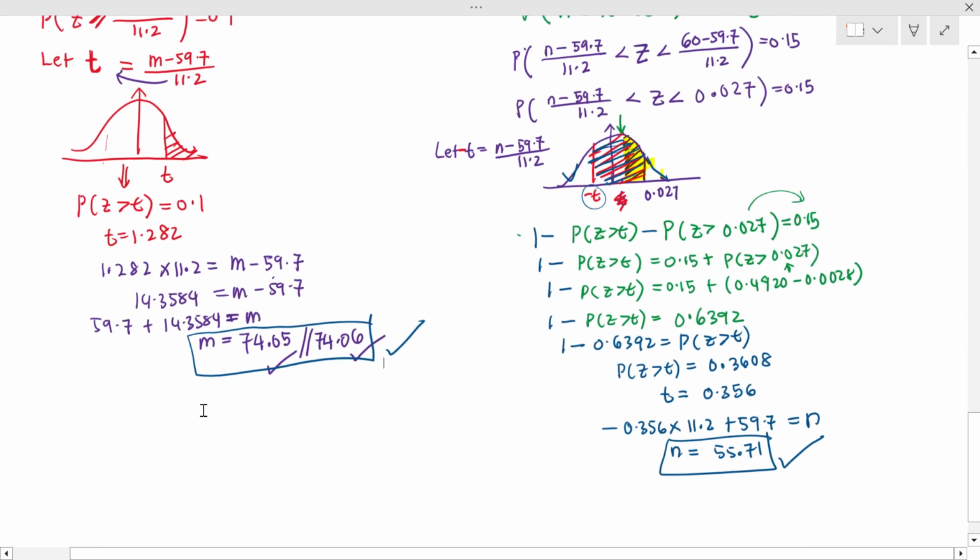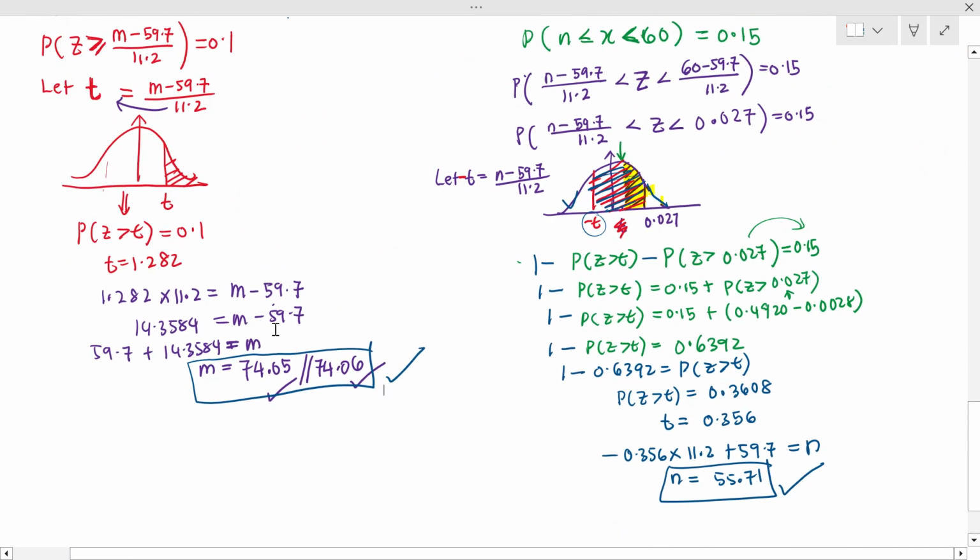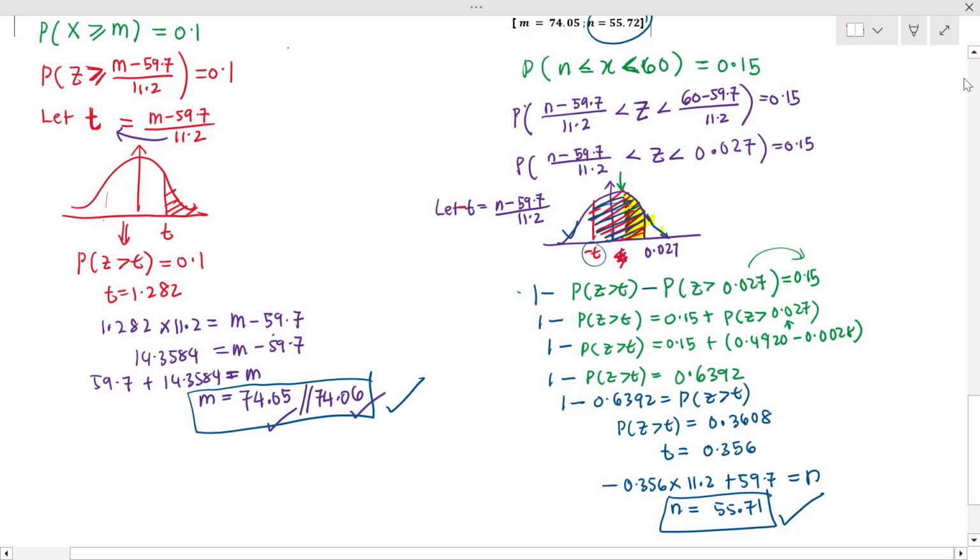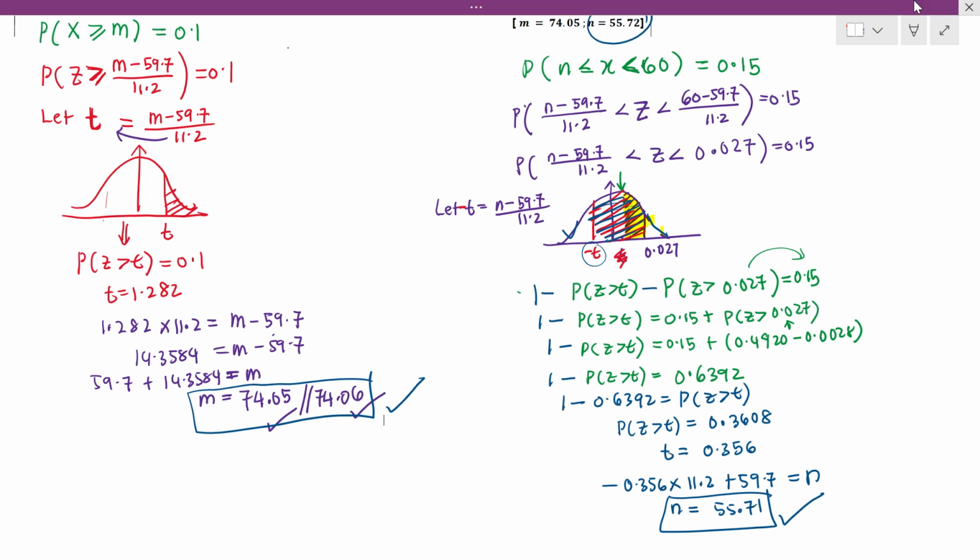Most of the time they will ask you something that you can minus exactly. If not exactly, this is the case. Wow, taking so much time to explain this. The answer tallies, that means our working is correct.